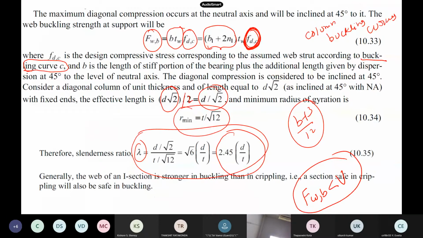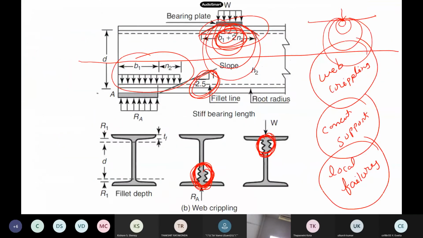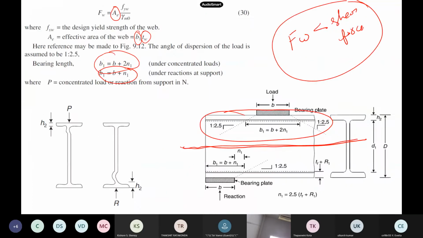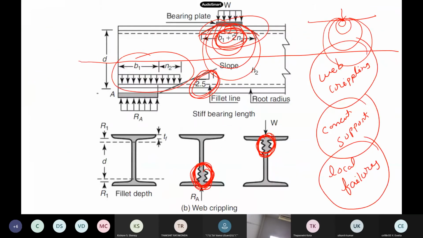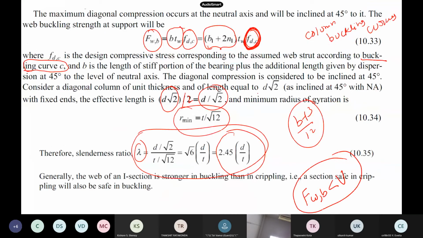Generally where this buckling happens, like we already discussed, is the diagonal compression. So this is your beam, and obviously the shear will be maximum here. So generally we take d times root 2.